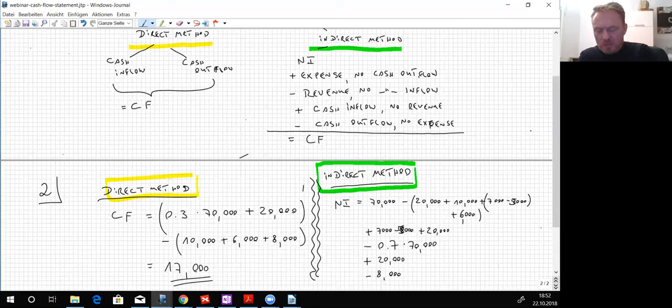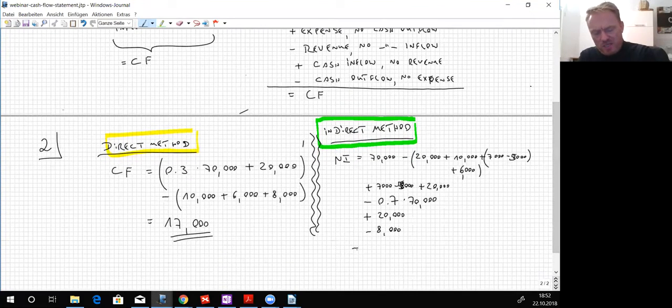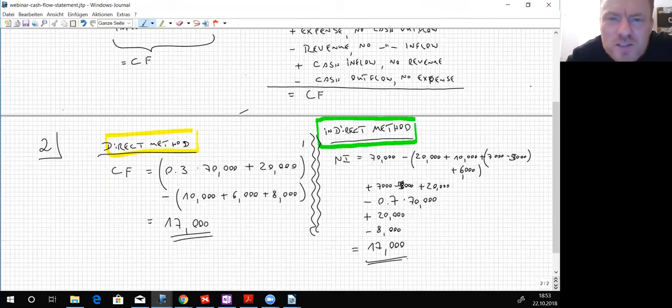Don't mix them up. As you may now type in your handheld computer, this equals, and that's the fascinating thing about it, exactly 17,000 euros. Isn't that great? Because the results are the same.